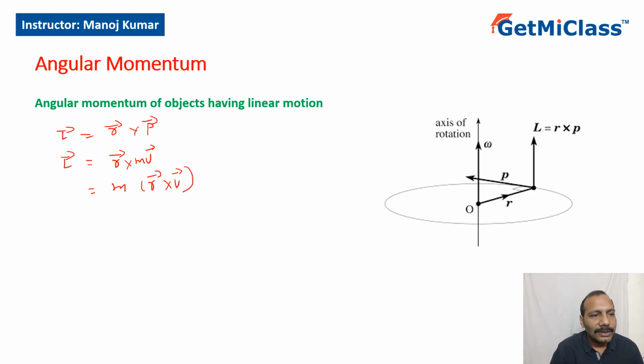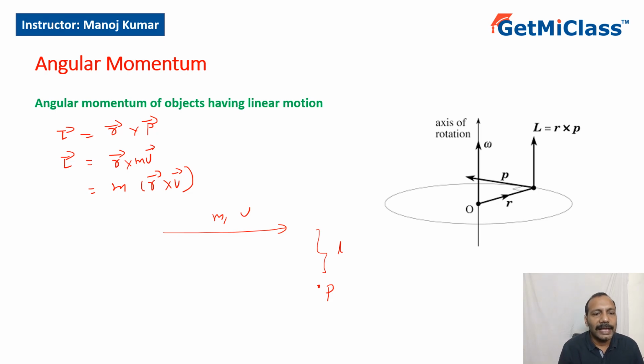So now let's try to generalize the same thing, what we have done, for a body which is under linear motion. Let me assume that a body is moving along a straight line, something like this. The mass of the body is m, velocity of the body is v. And I'm observing from a point P, which is at a distance of, let's say, l from the line of velocity of the object.